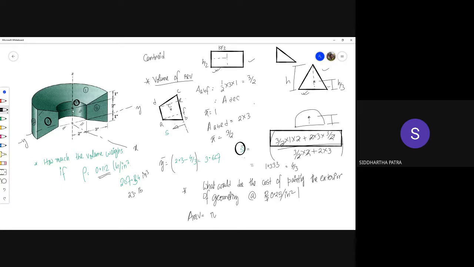So it's pi times the rotation times the total length. The total length over here, this is 4 inches. On this side, it is 2 inches. And for these two, it is square root of 3 squared plus 1.